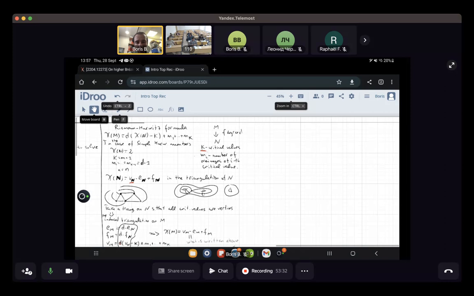What is m? So m, again, mi, let me repeat it in Russian. Значит, mi — это число прообразов итого критического значения. А mu i1 и так далее, mu in — это кратности прообразов итого критического значения.